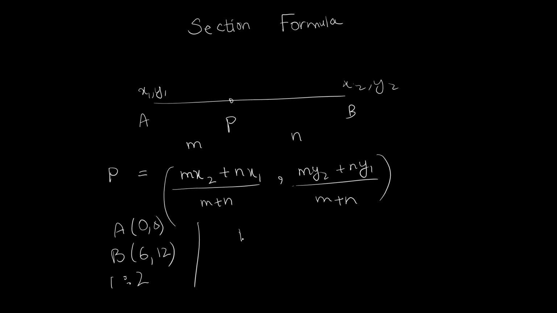Therefore, by using this formula, M is 1, x2 is 0, N is 2, because the ratio is 1:2, M is 1 and N is 2. Alright, so therefore this, and the same for the Y.